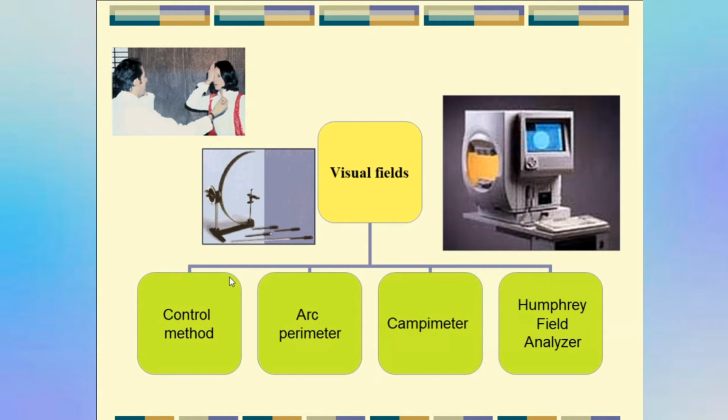I hope during your classes in physiology you can use the arc perimeter and have the opportunity to measure the visual field. We can use the campimeter, and nowadays the Humphrey visual field analyzer or other devices which help us to measure the visual field using electronic devices.